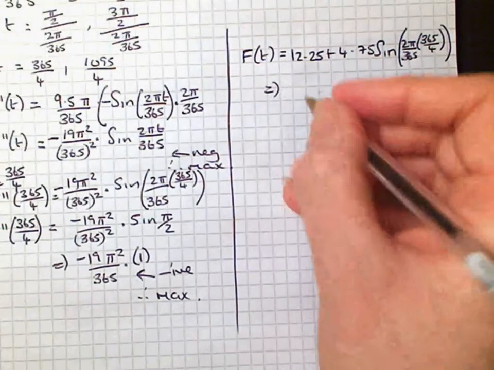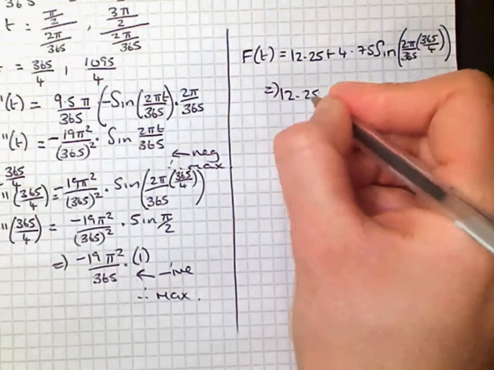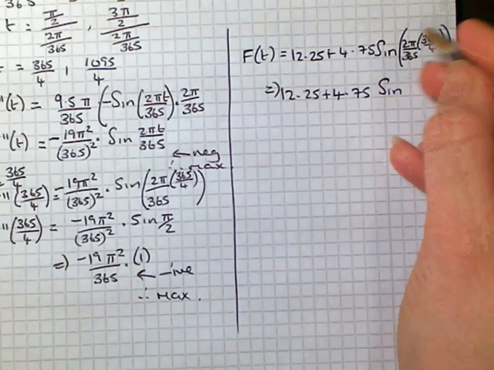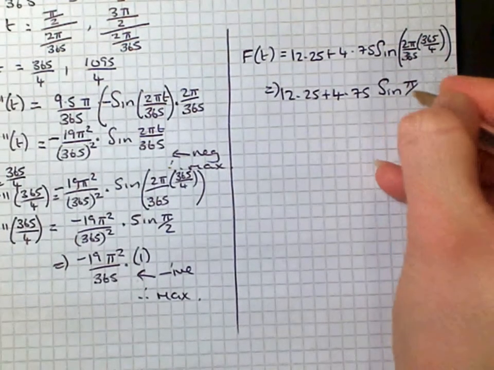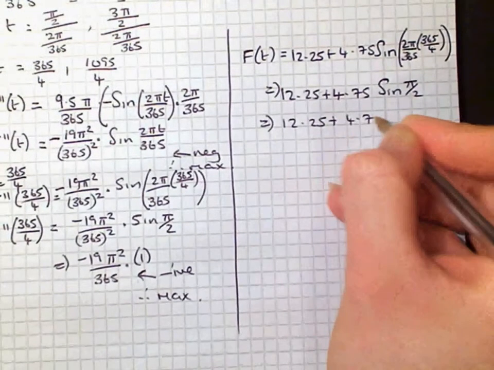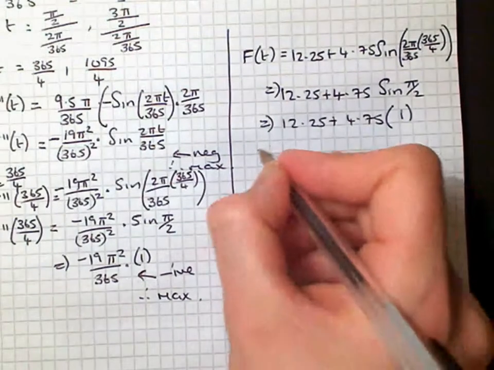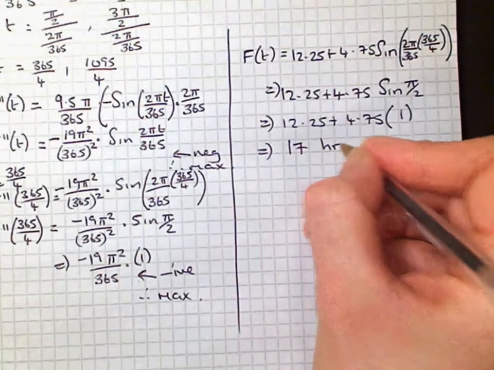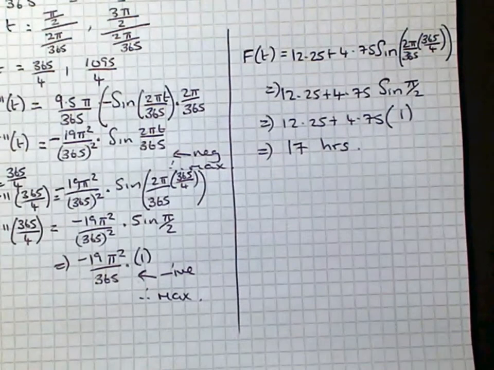So when we break that down, we get 12.25 plus 4.75 times the sine of, when you break this down again, π/2. So it's 12.25 plus 4.75, and the sine of π/2 is 1. So when we add 12.25 and 4.75, we get 17 hours is the length of the longest day in Galway.